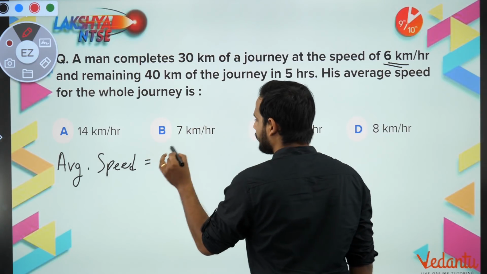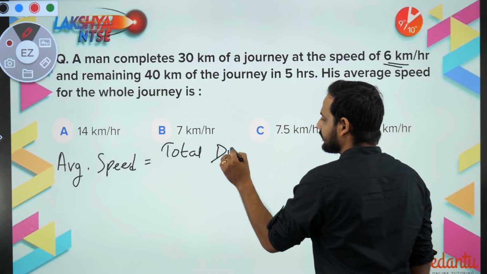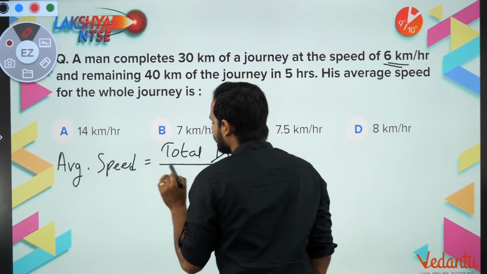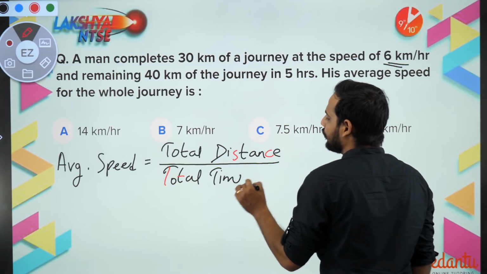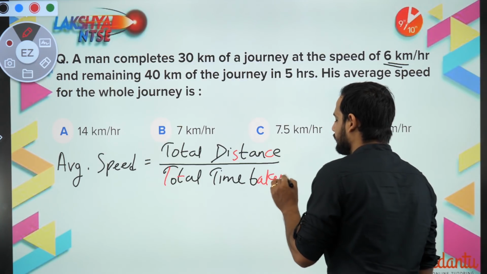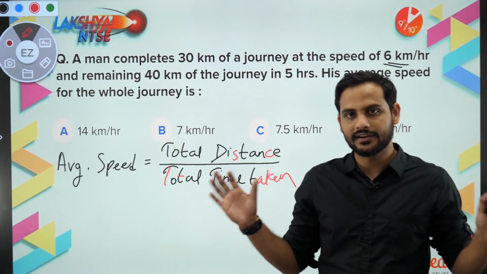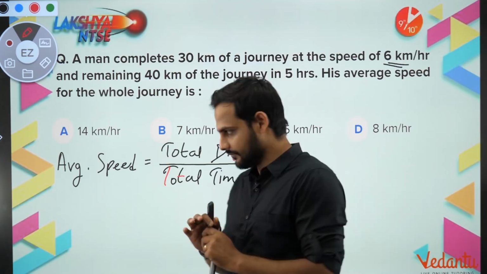Average speed is always, not a single case of contradiction, total distance covered upon total time taken. As simple as that. You don't care with what speed it was traveling. I only care about how much total distance it has covered and how much total time it has taken. Understood?